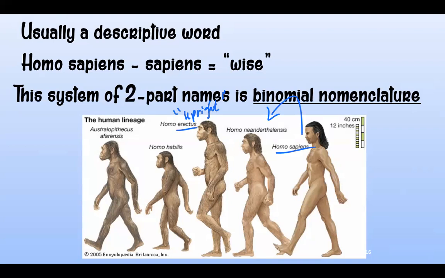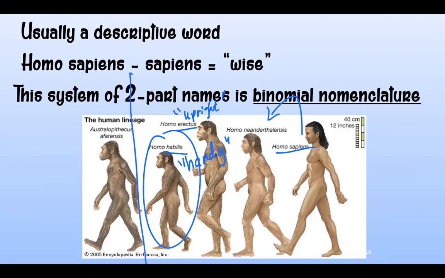So this is the first ancestor of man that walked upright. And then you've got Homo habilis, and habilis means handy. So handyman. The reason why the species was named this way was because these ancestors were the first ones to learn how to use tools like fire and rocks and to hunt and things like that.